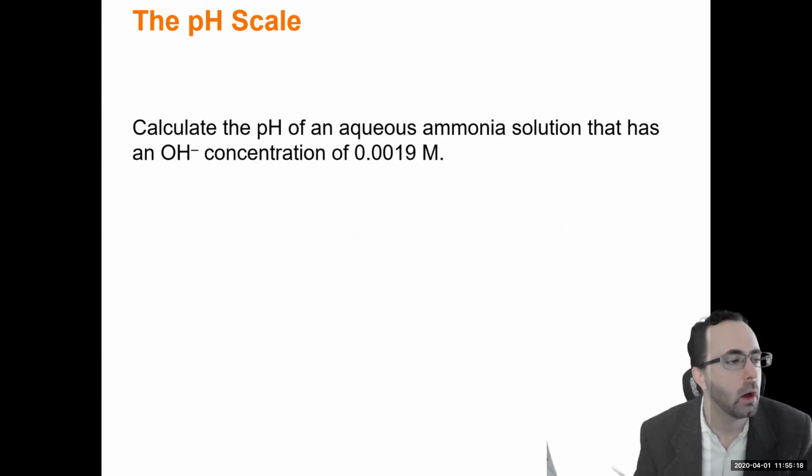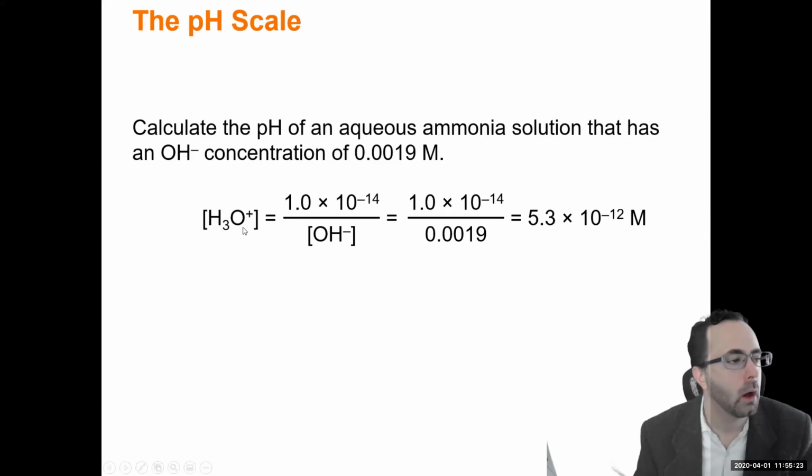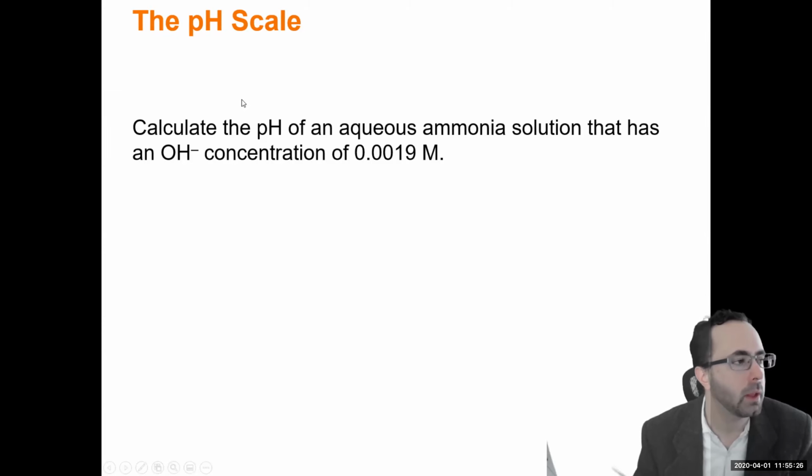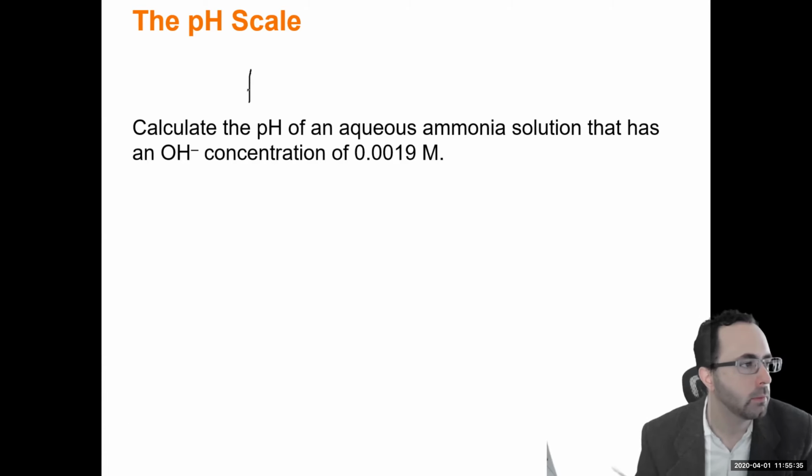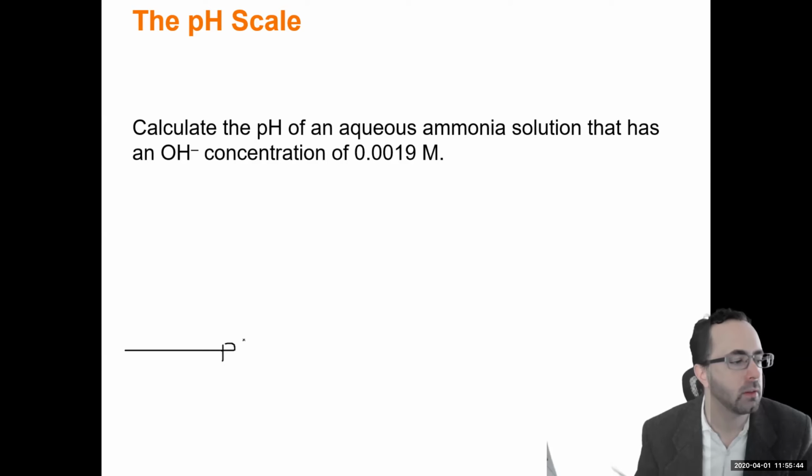So if you want to get the hydronium concentration, let's remember what we have here, Kw. What we need here is the hydronium concentration, because pH is going to be the negative log of the hydronium concentration.